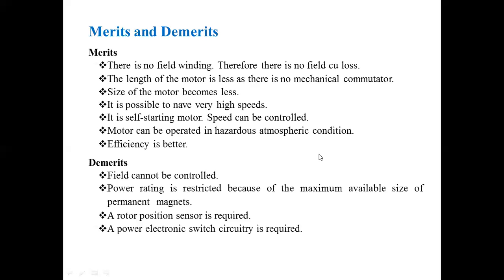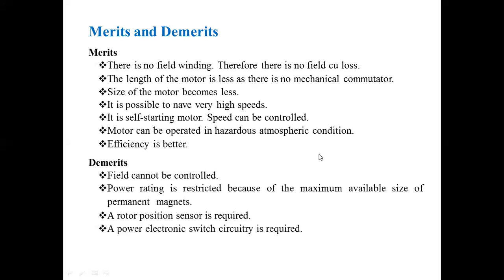If the required torque is very high, the torque requirement can be provided by these conventional DC motors. Why? Because there is a possibility of speed control on that particular motor.